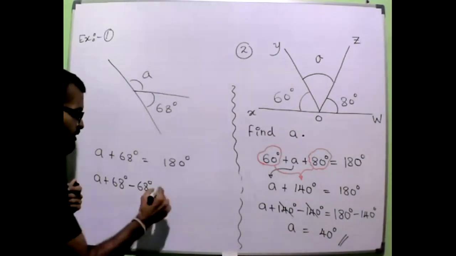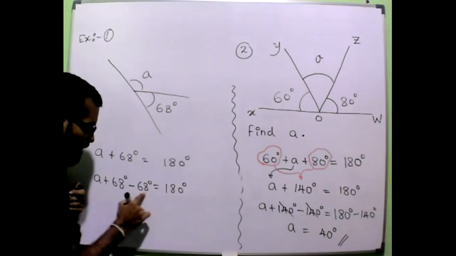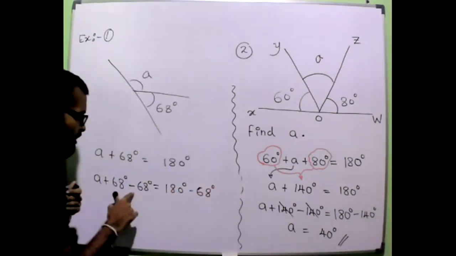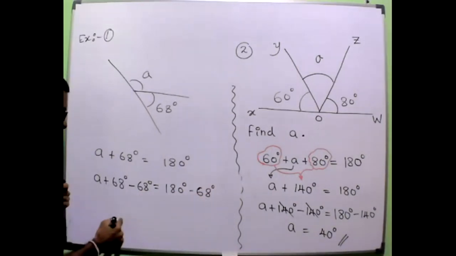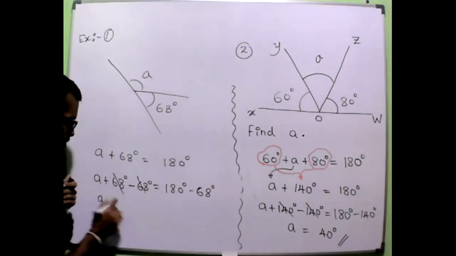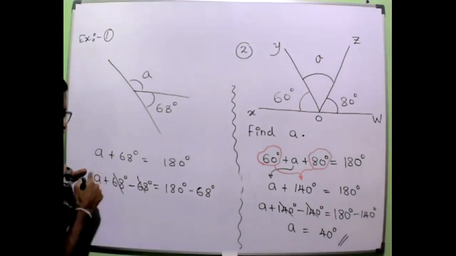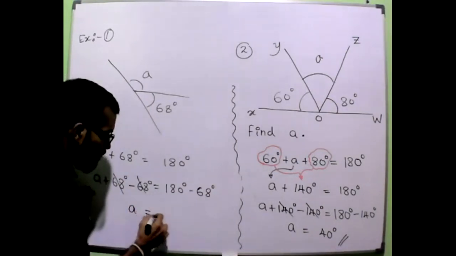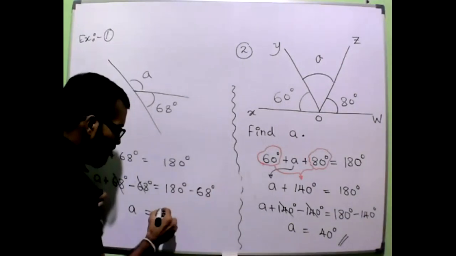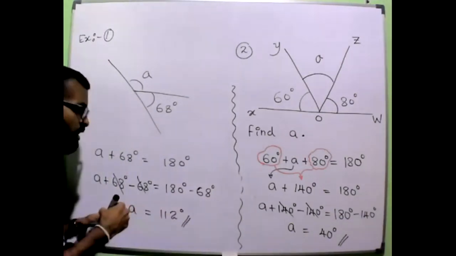Positive 68, negative 68. Very easy. 180 degrees, negative 68. Do the same thing for both sides. They cancel out. Now on this side, the only remaining term is A. A equals 180 minus 68. It will give you 112. So this is the answer.